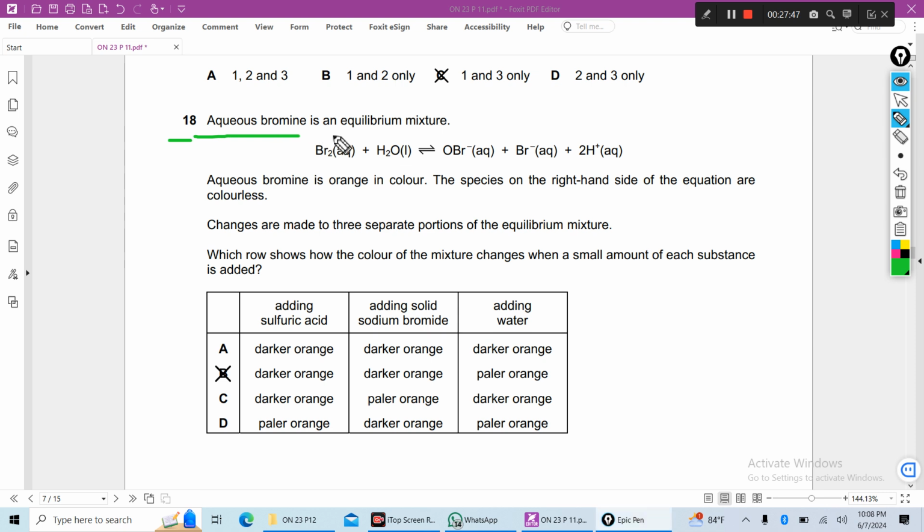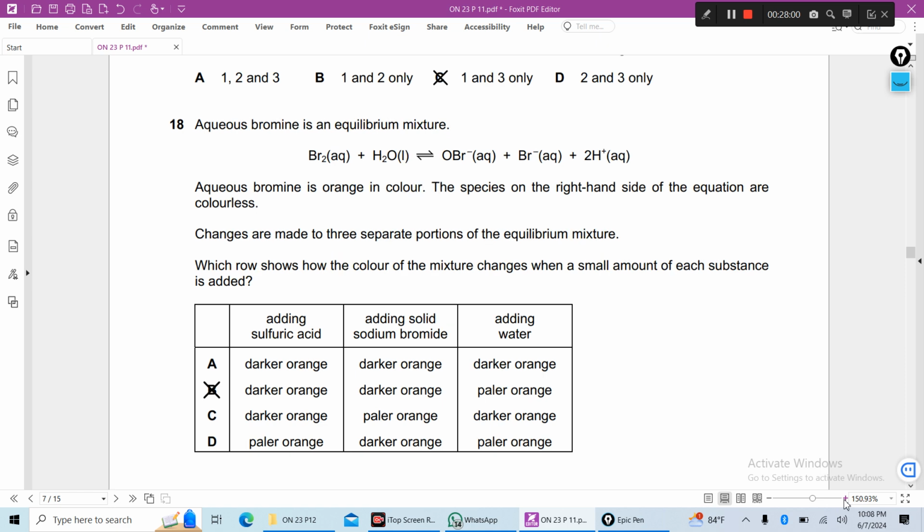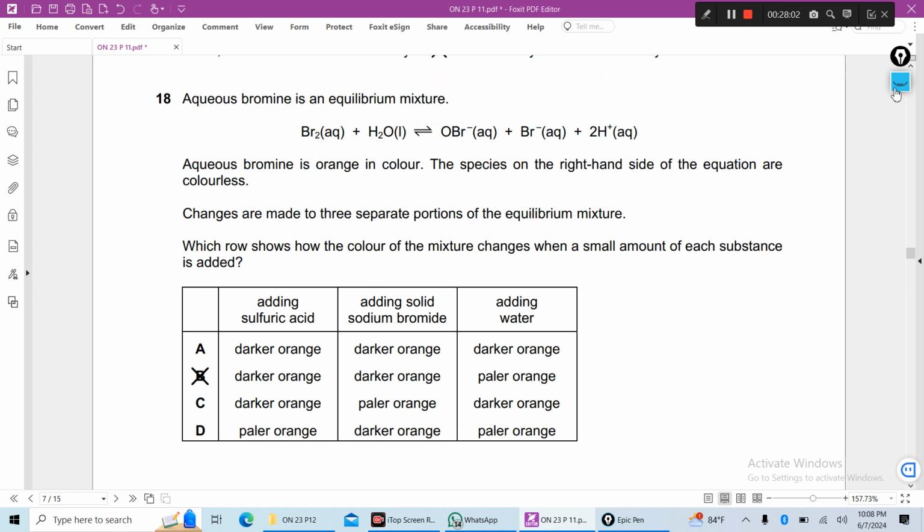Next, aqueous bromine is an equilibrium mixture. Bromine and water are in equilibrium to form bromate(I) ion, bromide ion and hydrogen ion. Aqueous bromine is orange in color.